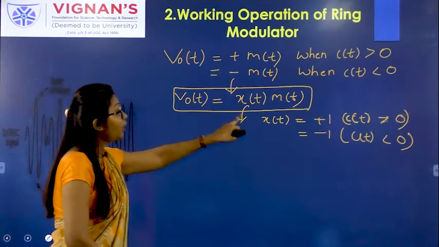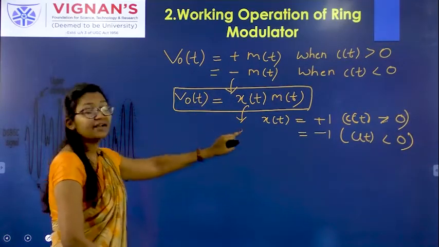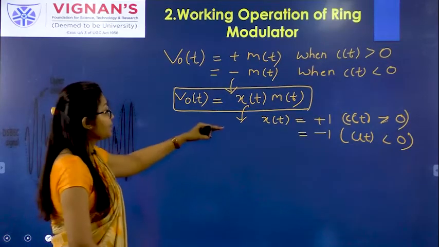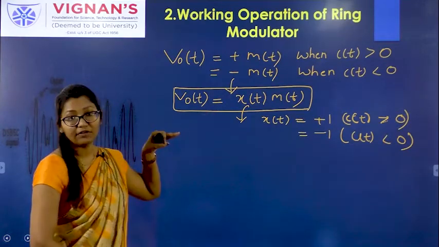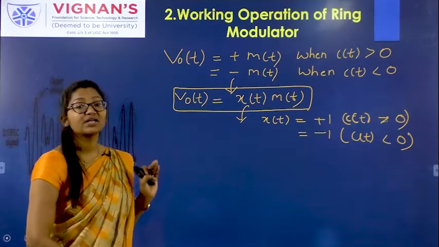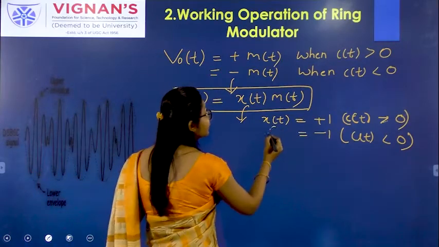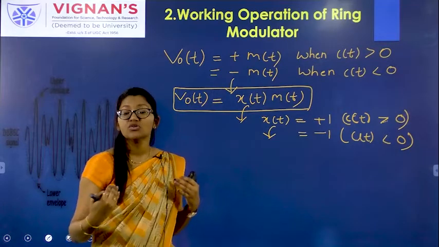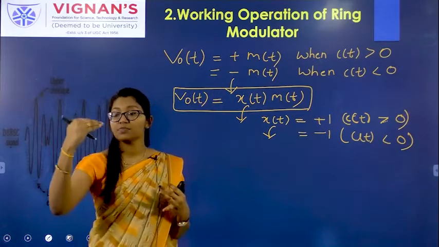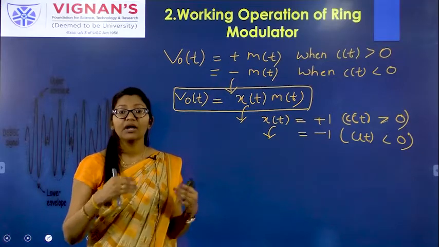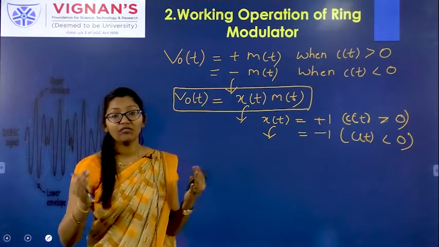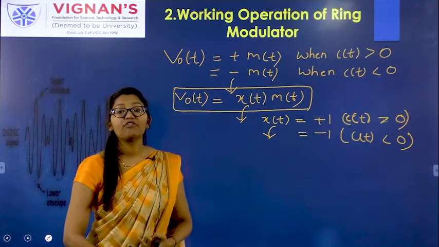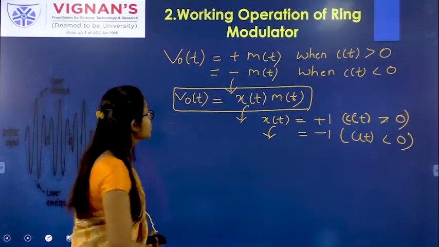So depending upon C of t, there is a variation of x of t, positive or negative. So I am representing it with a periodic wave. I am considering x of t as a periodic wave because there is a switching between plus and minus. This plus and minus will appear when the diode is on and off, so we are representing it in the form of a periodic wave.